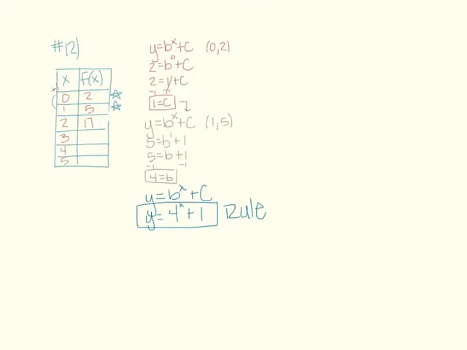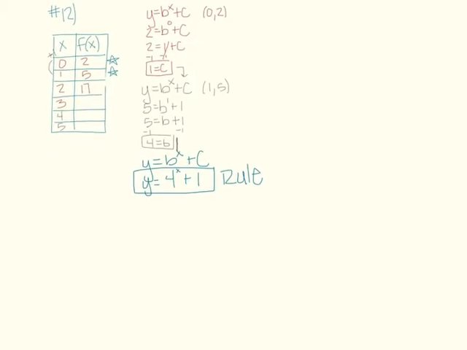So to finish filling in the table, all we need to do is plug our domain values in to get our range values, right? So I'm going to use our rule 3 times, right? To find when x is 3, x is 4, and x is 5.